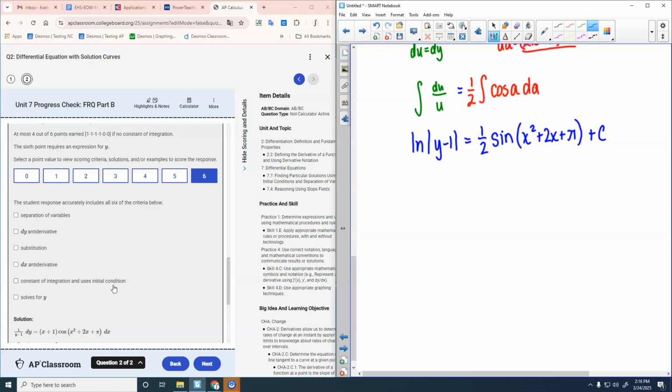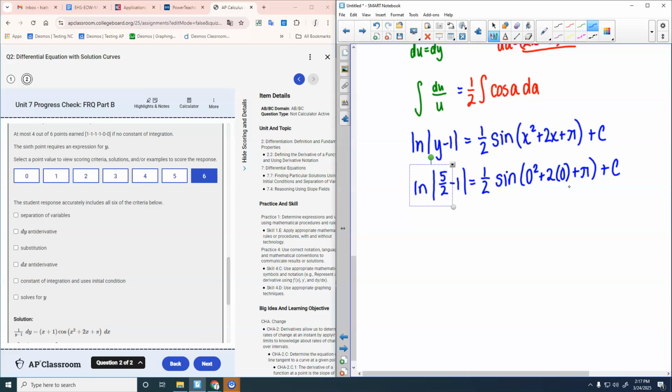So let me show you the only thing you have to do to get that next point: natural log of 5/2 minus 1 equals 1/2 sine of 0 squared plus 2 times 0 plus pi plus C. Just plug in the point 0, 5/2.